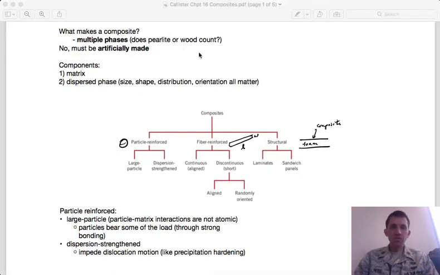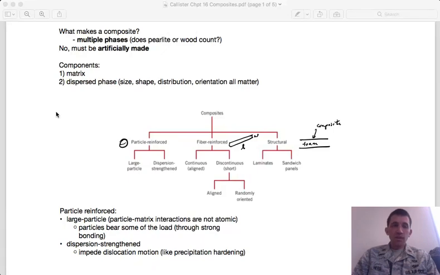So you have that microstructure phases. You also might say, well, what about a material like wood? If I look at the grain of wood, it looks like there's multiple phases, and if you look at it on the microscopic level, you'd have cellulose and lignin, and neither one of those materials is considered to be a composite, because by definition, composite materials are only artificial structures.